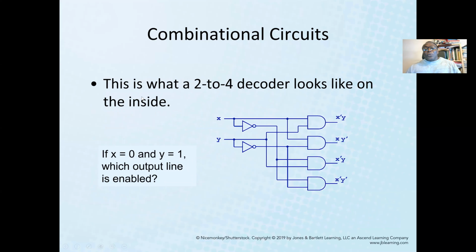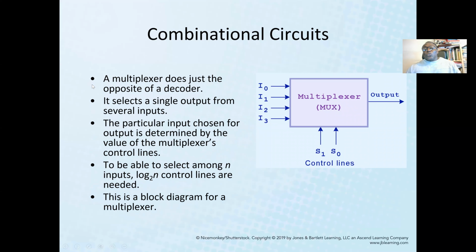And another example is, this is what a 2 to 4 decoder looks like. We have 2 inputs, but the output will be 4. So different combinations. We also have what we call the multiplexer. A multiplexer does just the opposite of a decoder.